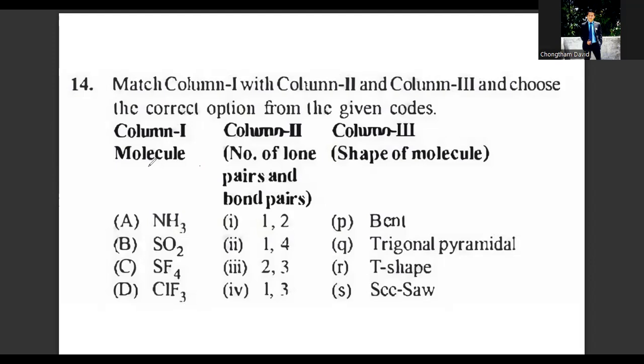Sulfur dioxide would have 1 lone pair and 2 bond pairs, and it is bent shape. Silicon tetrafluoride would have 1 lone pair and 4 bond pairs, so it has seesaw shape. And chlorine trifluoride has 2 lone pairs and 3 bond pairs, and hence the shape would be T shape.